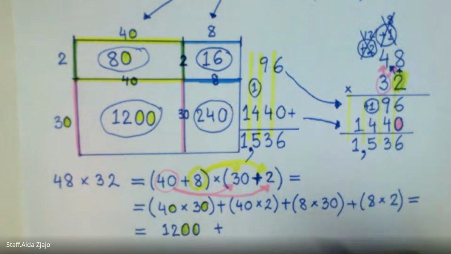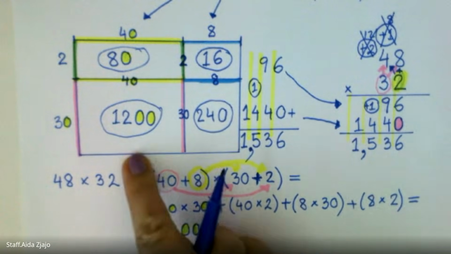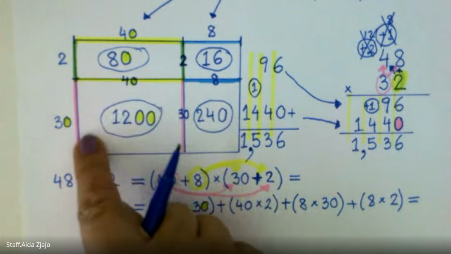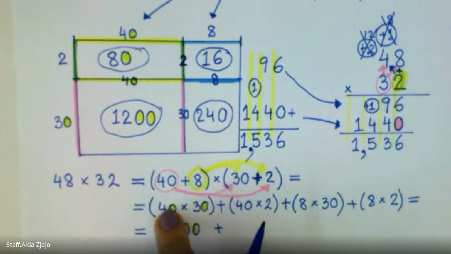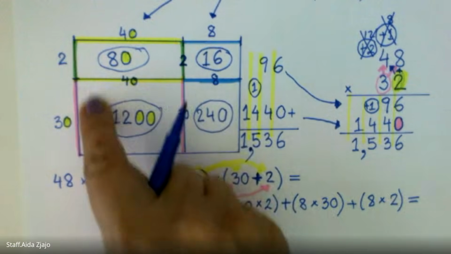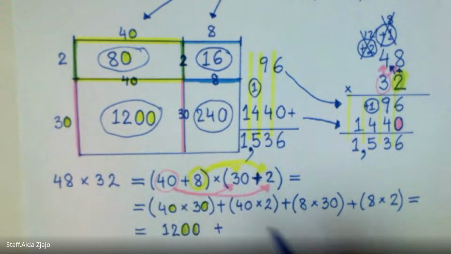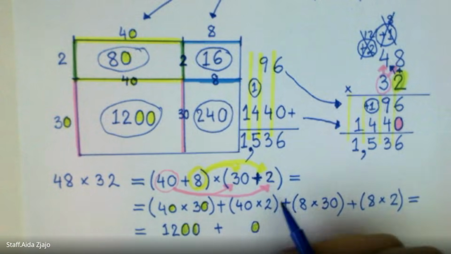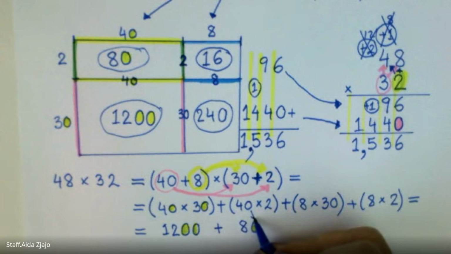Now add, and that is connected directly to this area, 30 times 40 or 40 times 30, correct? Now 40 times 2 is 80 because I have a 0, which is from the multiple 10, 4 times 10 times 2, which 4 times 2 is 8, and add a 0.